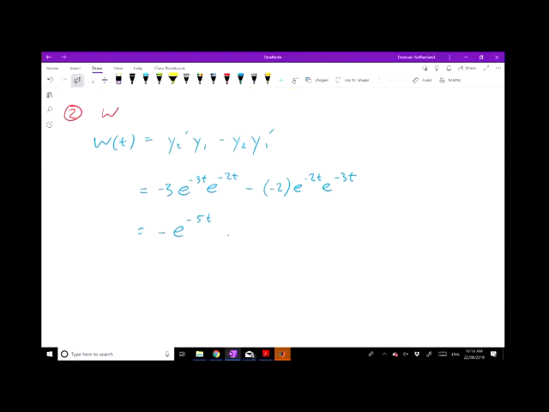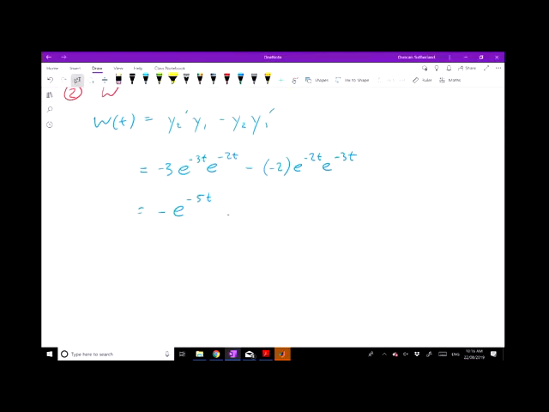One of the things that I find the most difficult and tedious about these things is keeping track of all the signs. I love making sign errors. It's a real nuisance. Be very careful. So that's our Wronskian. Step 3. At this point, it's mechanical, right? I'm just cranking the handle through my different formulae.